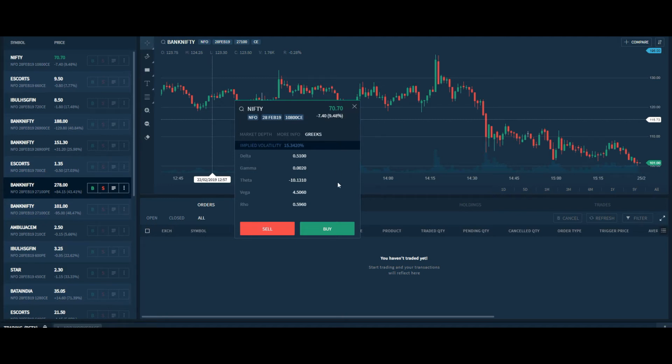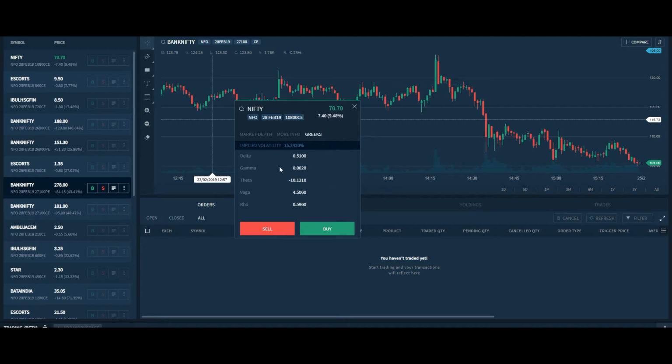Because my delta is 0.51, when the index runs by 1 rupee, the option is going to run by about 50 paisa. So in those 8 points, I'm going to get 4 points on this call 10,800.